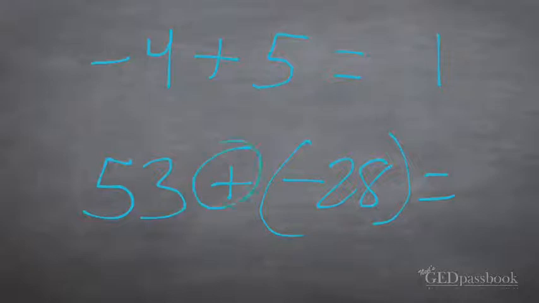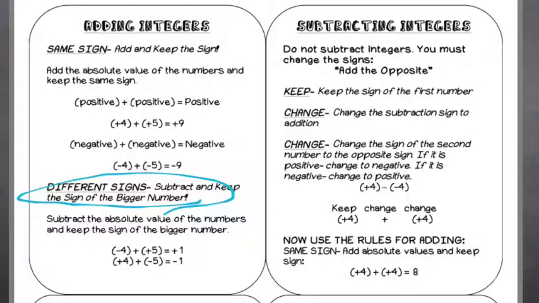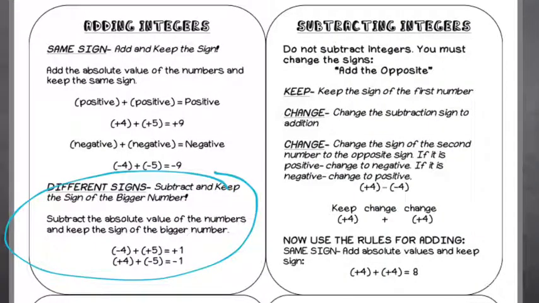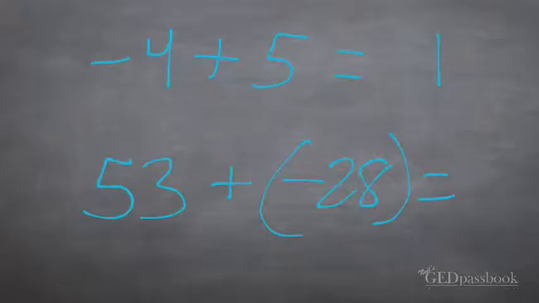I'm adding integers. Are my numbers same sign or different sign? One's a positive, one's a negative. So I'm going to use this second rule right here. I'm going to subtract and keep the sign of the bigger number. What's 53 minus 28?